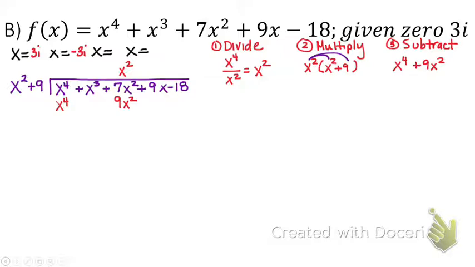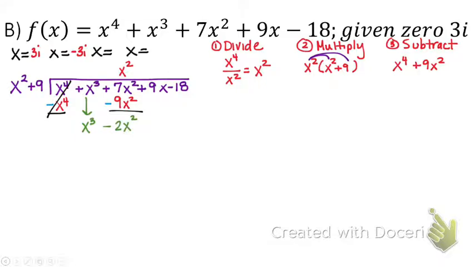So when I subtract it, this becomes a negative, and so does the 9x squared, because you're subtracting. This cancels. Bring down your x cubed. And what do you get when you take 7x squared minus 9x squared? 7 minus 9 is negative 2x squared.